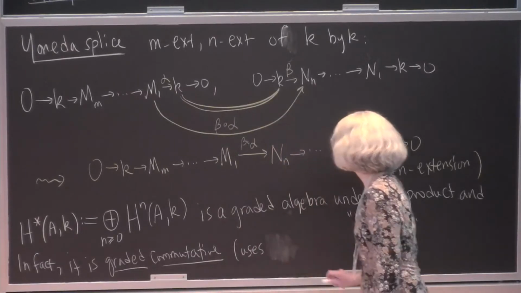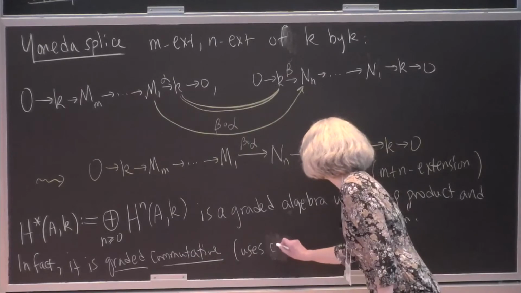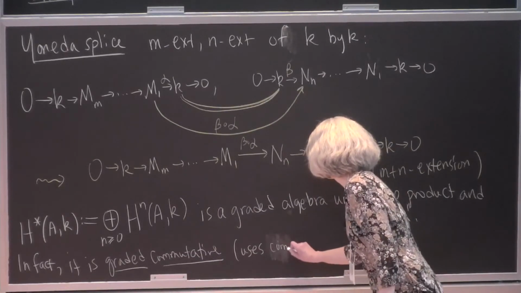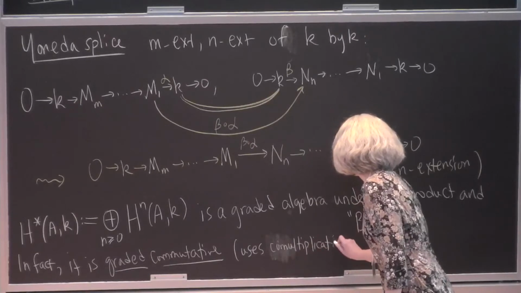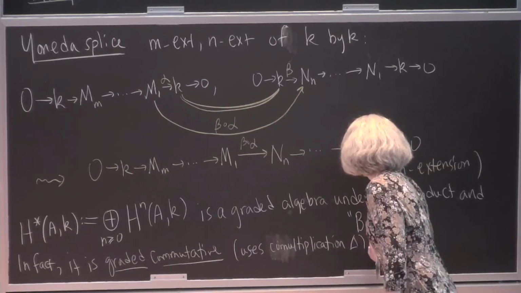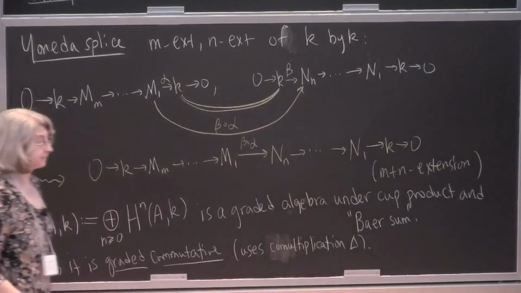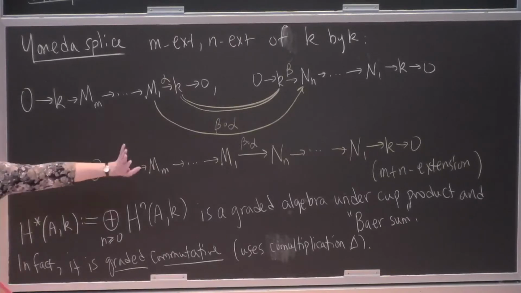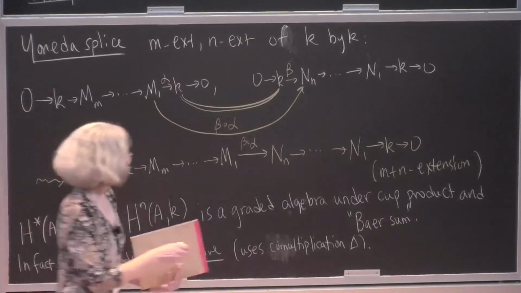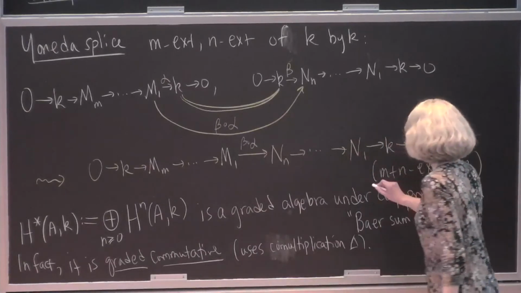Well, it uses the coproduct, the comultiplication. That fact is not true in general. It's graded commutative. Why is it graded commutative? I've just given you one possible definition. Sorry, I wrote cup product. I meant Yoneda product.